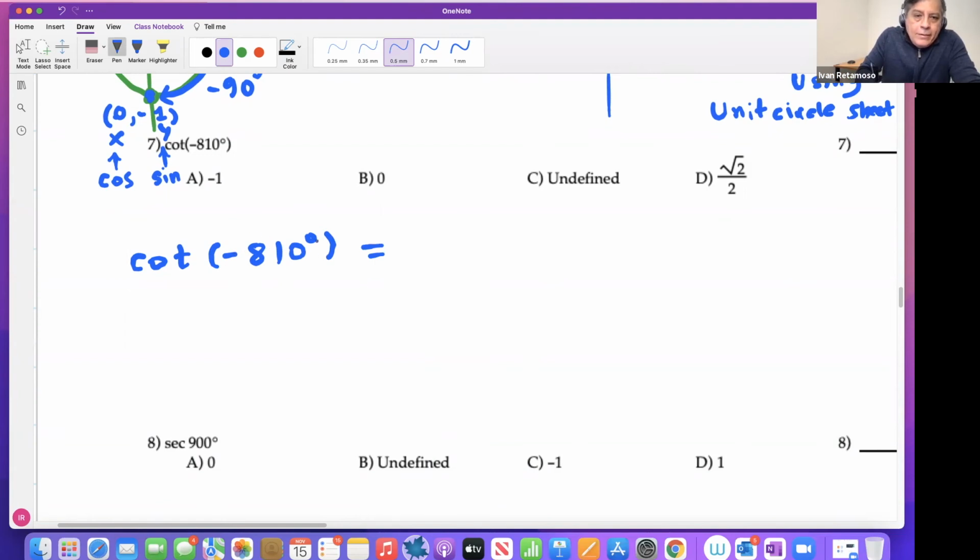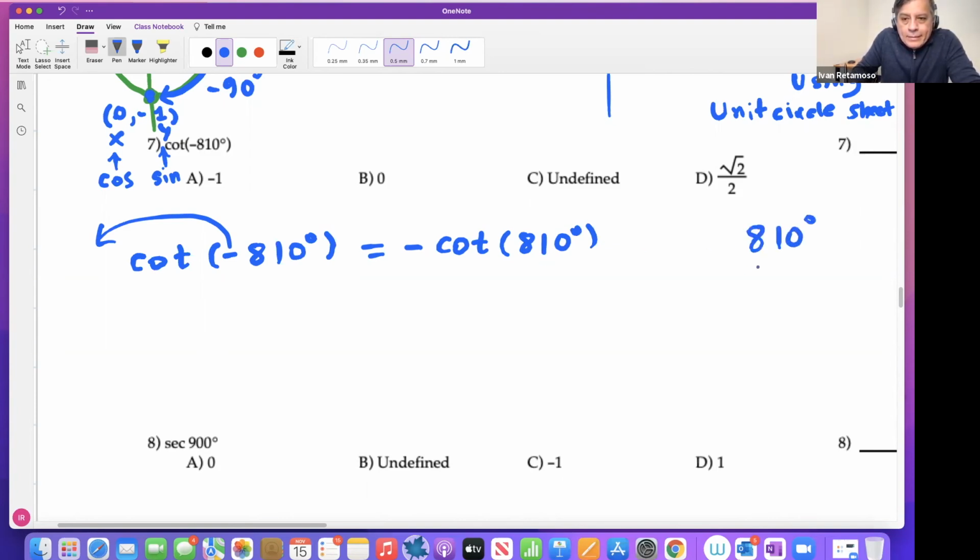Since it's difficult to work with negative angles, take the sign outside following the properties of negative angles that we showed. But now 810 is a very big angle, so let's subtract 360 as many times as needed so that we can work with an angle within one full revolution.